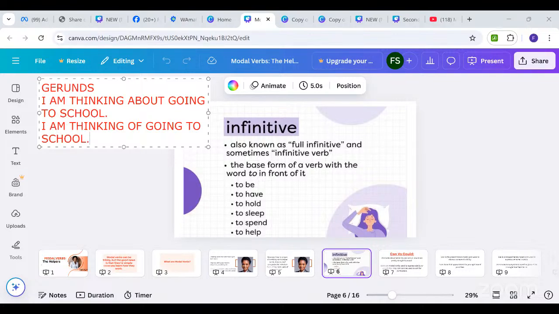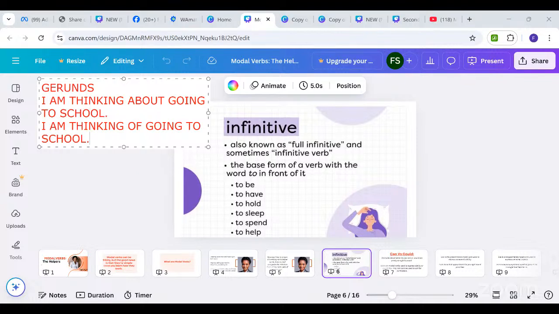And when we use about, the next word will be a gerund, going to school, which makes the first sentence grammatically accurate. Now, the second sentence, we have of. Of is also a preposition, right? And if we're using a gerund as an object, it has to follow a preposition. I'm thinking of going to school, also correct.